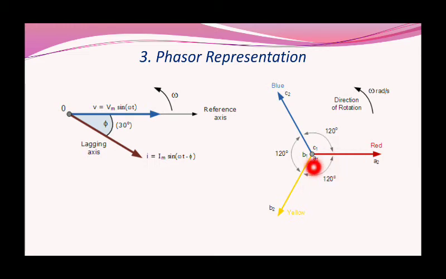Means the voltage in the red wire starts from 0, then the voltage in the Y wire starts 120 degree after the voltage in red, then the voltage in the blue wire starts 240 degree after the red wire. So depending upon the position of the waveform, it is represented.